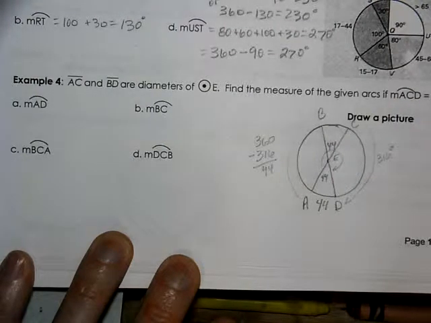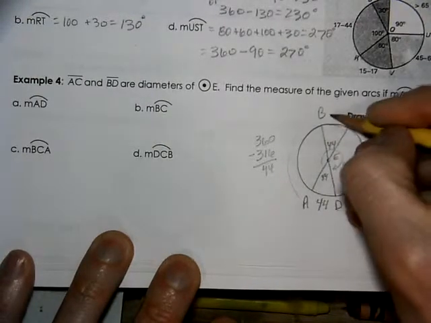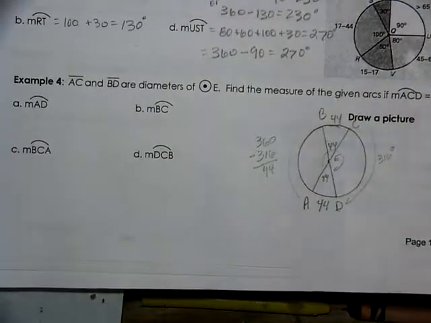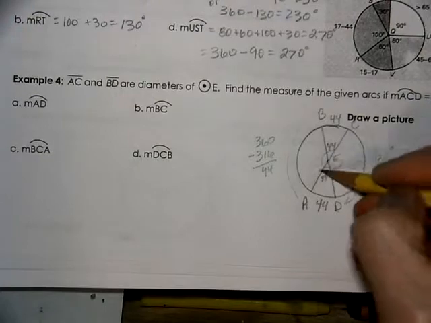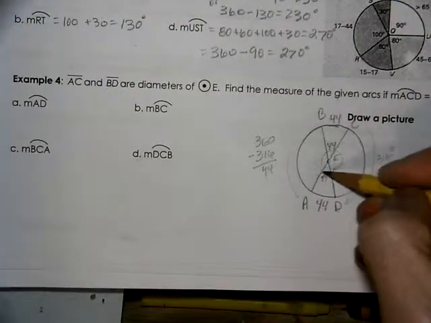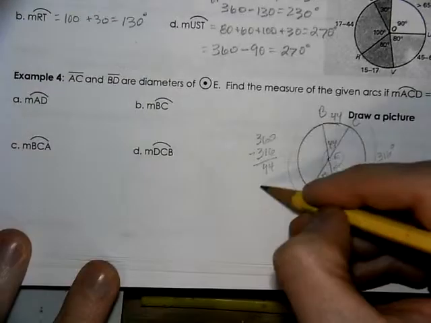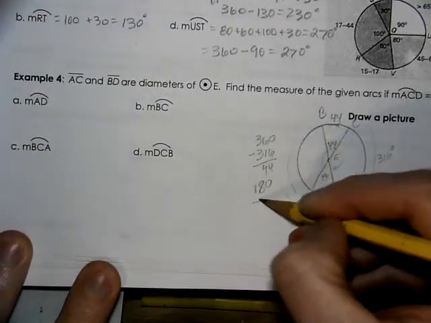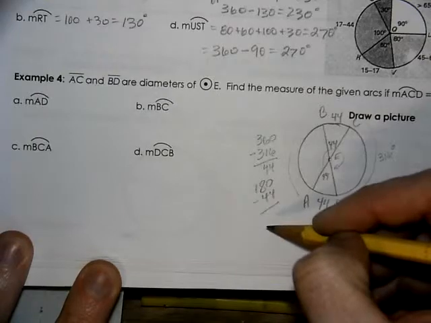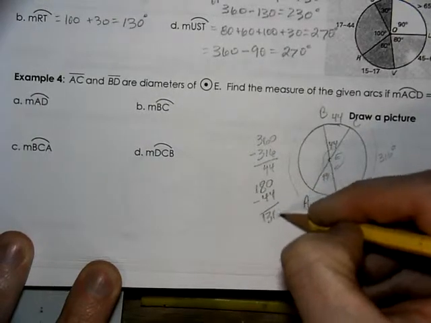So those are both going to have central angles of 44, and the arc is 44. The central angle next to it, either direction, the central angle is going to be 180, not counting that 44, which is going to give me 136.